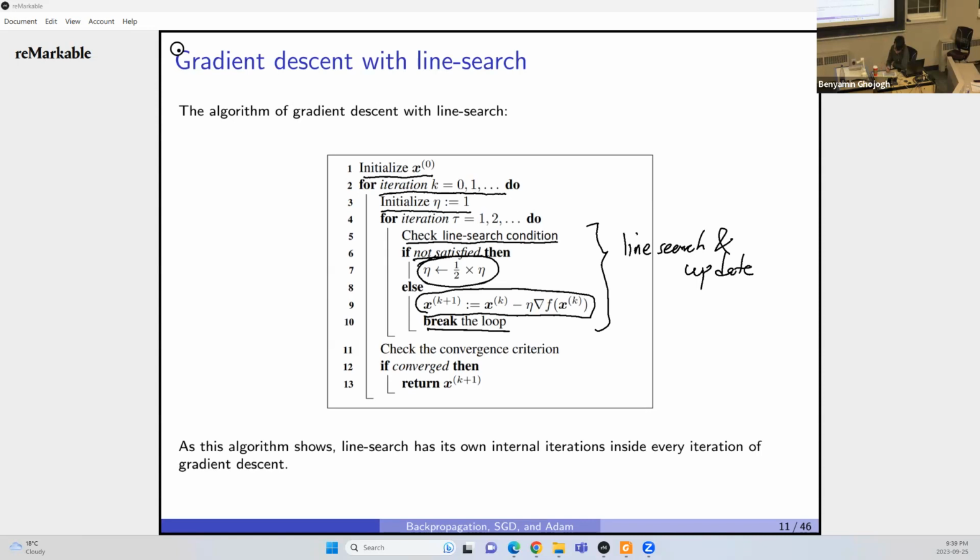Also, before going to the next iteration, check the convergence criteria, and if it has converged, return that solution. By the way, as shown here, line search has its own internal iterations inside every iteration. Therefore, you have a nested loop here.